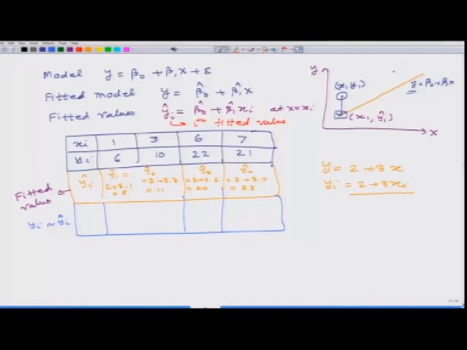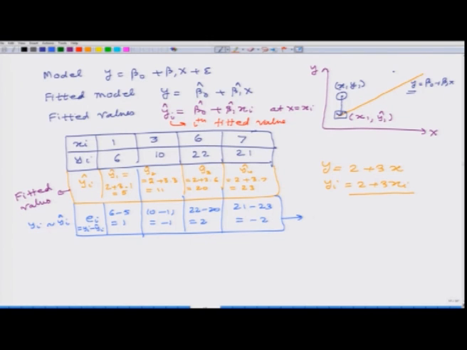Let me denote it by ei and define it as yi minus yi hat. So this becomes 6 minus 5, which is 1; this becomes 10 minus 11, which is minus 1; similarly this becomes 22 minus 20, which is 2; and this becomes 21 minus 23, which is minus 2.